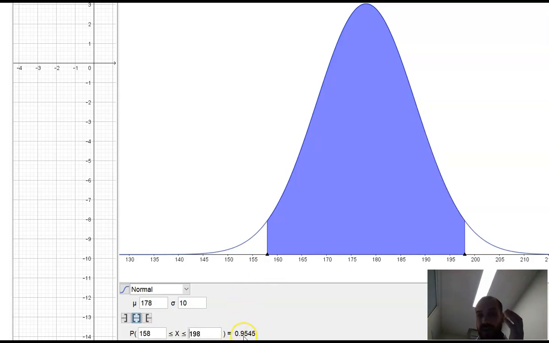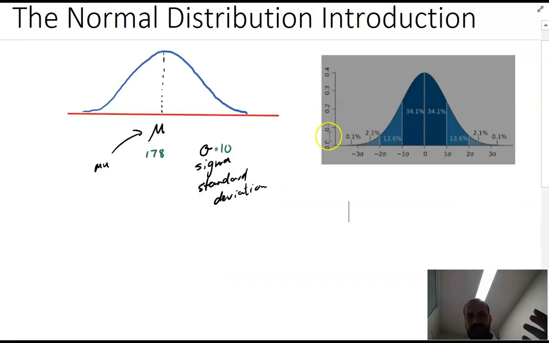You can see that about 95%, 95.5% of people, are within 2 standard deviations of the mean. And about 99.73% of people are within 3 standard deviations of the mean. So that gives you a neat little benchmark for standard deviations.